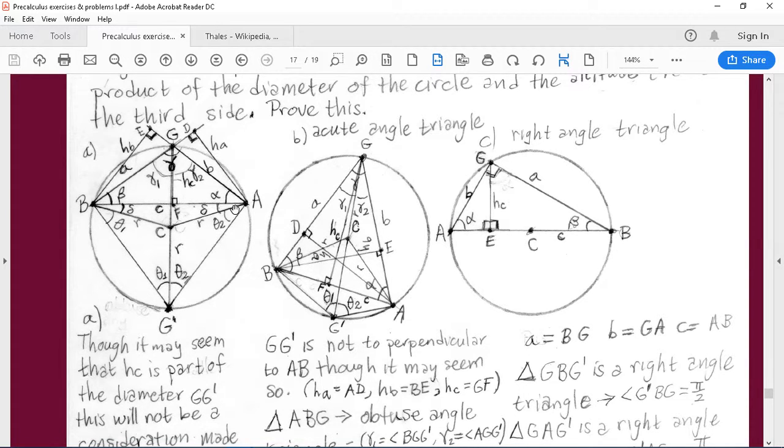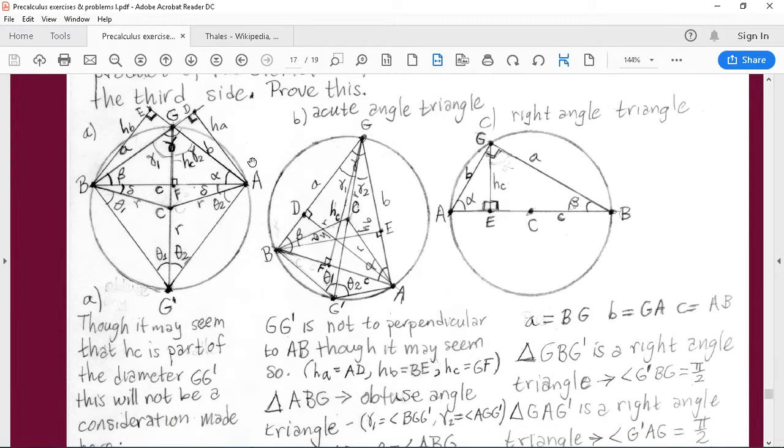Let's summarize again the formulas to obtain. We're going to work with the formulas for the sines of the angles alpha and beta.